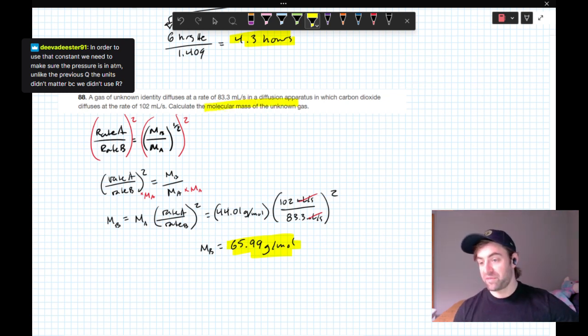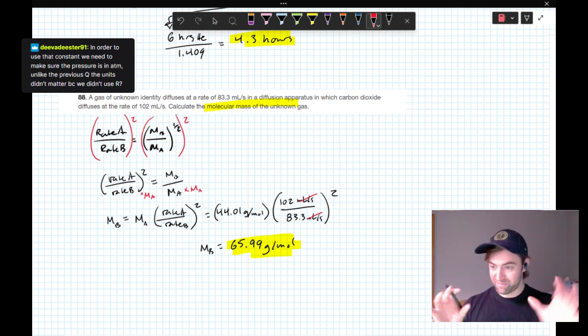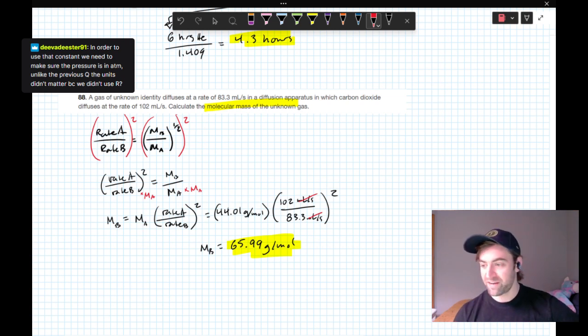So we were asked to calculate the molecular mass. You can take this a step further and try to figure out what this is the molecular mass of. Sometimes you can use a tabulated value. Sometimes you can do some guess and check.